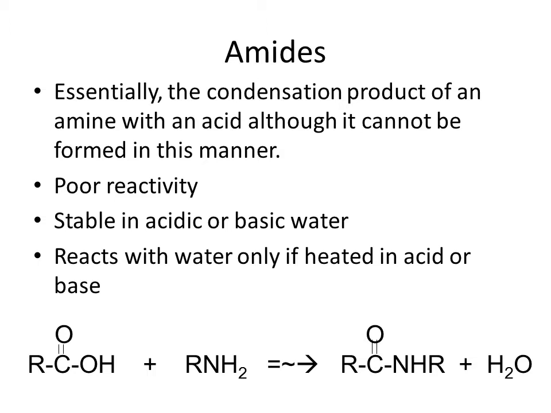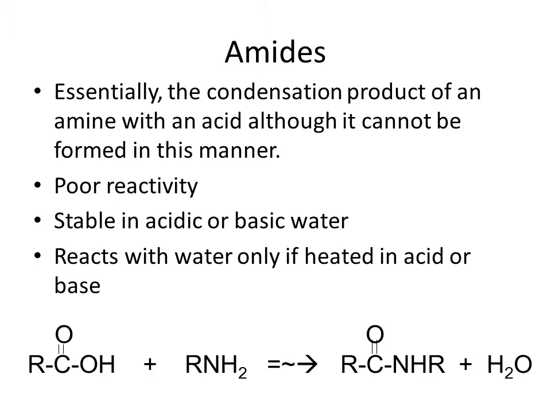Now, we cannot actually form it this way, which, see, I'm not really showing you an arrow at the bottom, but you can think of it as being formed this way. You see the acid on the left, and next to it the amine.